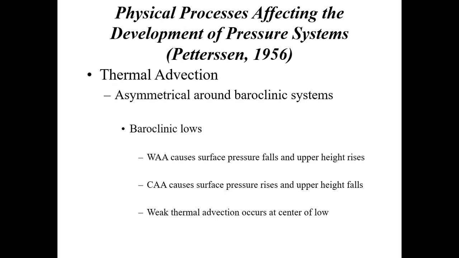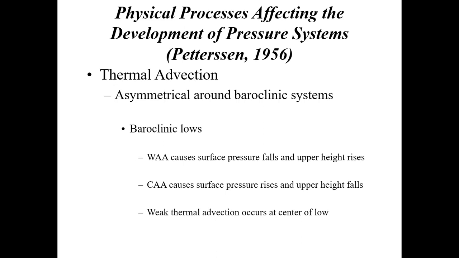There's more force per unit area with cold, dry air. With upper height falls, think about when the atmosphere is colder, it's going to want to become more compact because of the denser, colder air. So the vertical air column is going to shrink or get shorter when you have cold air advection coming in.